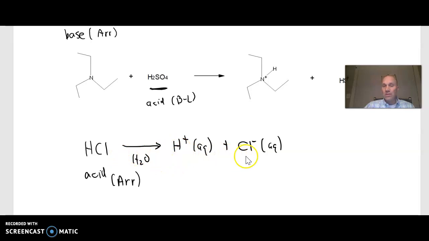But if it was drawn this way, the only way that you could identify this as an acid is by the Arrhenius definition. Notice that you don't see the H plus being donated to something else, the way that this is drawn. So hopefully that helps, and we will see you later.